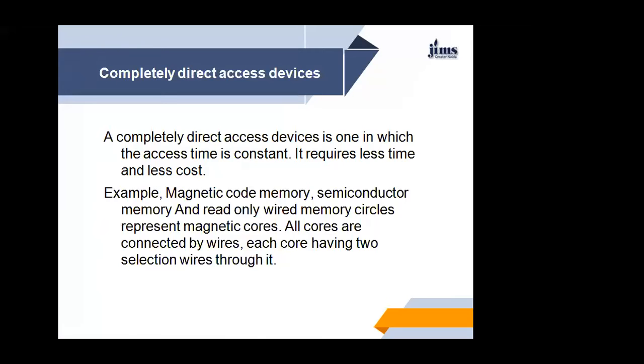Many computers avoid burdening the main CPU with PIO by offloading some of this work to a special purpose processor called a direct memory access controller. To initiate the DMA transfer, the host writes a DMA command block into memory. This block contains a pointer to the source of the transfer, a pointer to the destination of the transfer, and a count of the number of bytes to be transferred. So this is direct memory access.